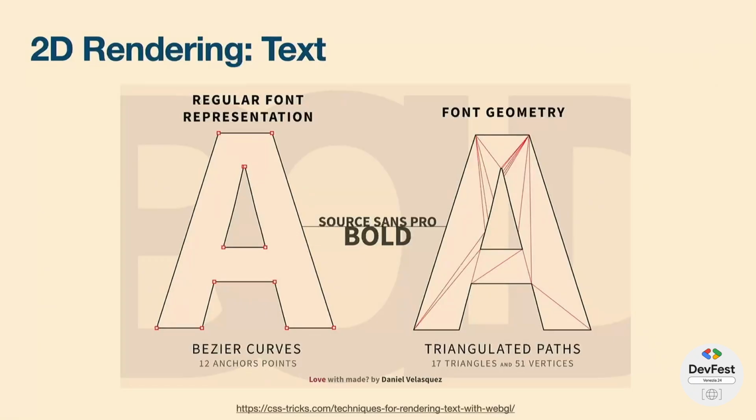Another thing that we optimized was text, because since we are on a WebGL canvas, we had to implement text from scratch because we cannot use the one from the browser. If you do it naively by just using geometry, then you will basically be using 17 triangles and 51 vertices for each letter, which is incredibly wasteful.